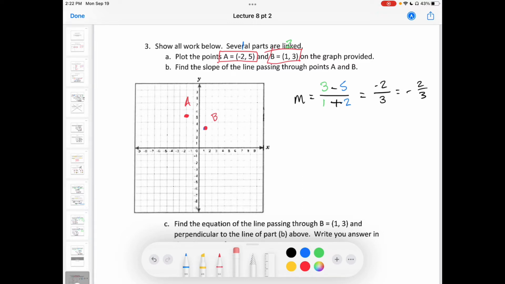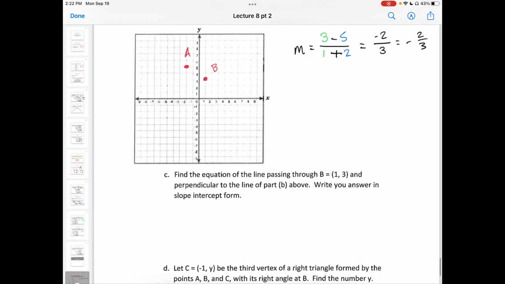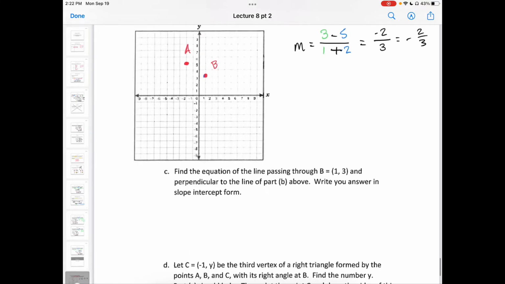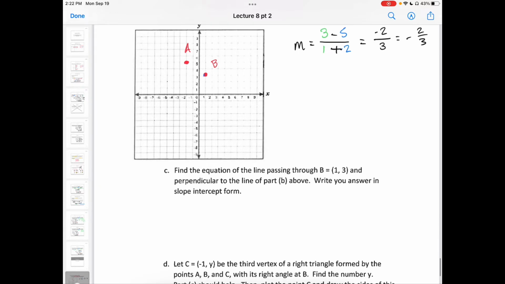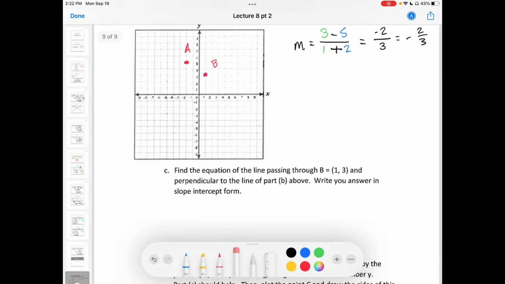Now part C is where I think we get to our first issue, which makes it a little bit more difficult. It says that we need to find the equation of the line passing through point B, which is at 1, 3, and it needs to be perpendicular to the line above. Well, the line above has slope negative 2/3.